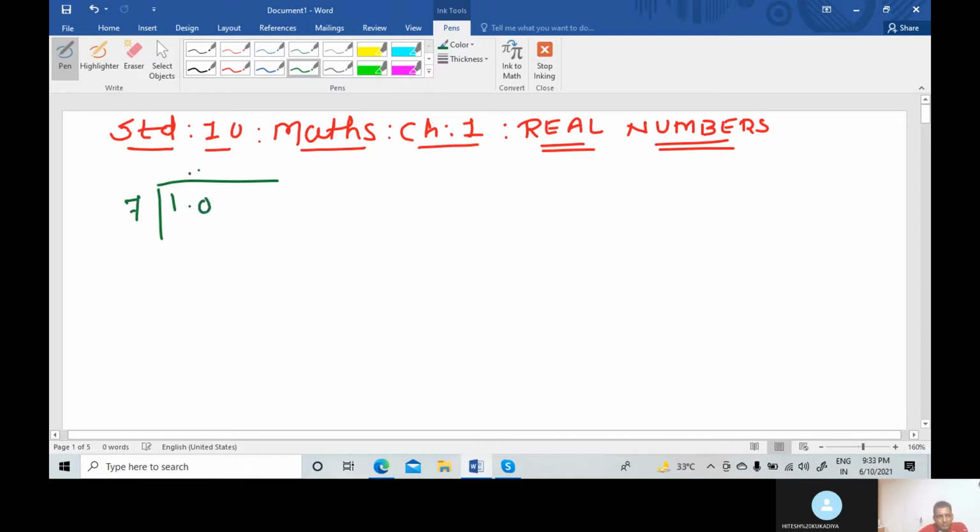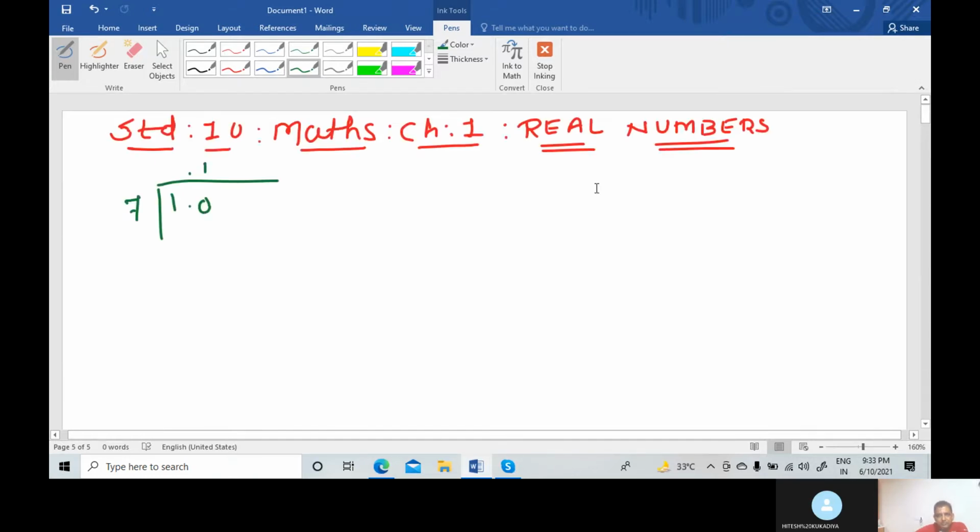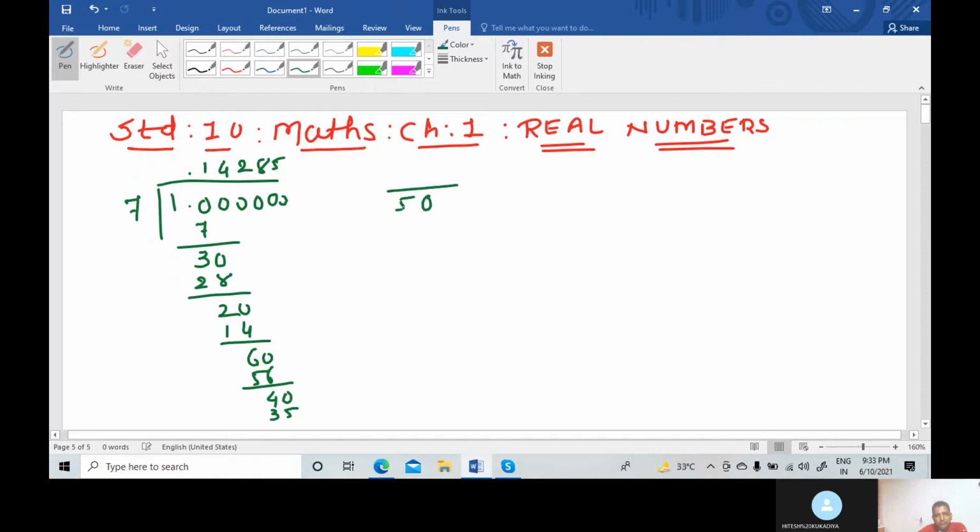Now calculate here. 7 ones are 7, so 10 minus 7, 3 remainder, again 0, continue. 7 fours are 28 and 2 remainder, again 0. 7 twos are 14, 6 remainder, again place one more 0. 7 eights are 56, 4 remainder, again forward 0. 7 fives are 35, 40 minus 35, 5 remainder, again place 0.